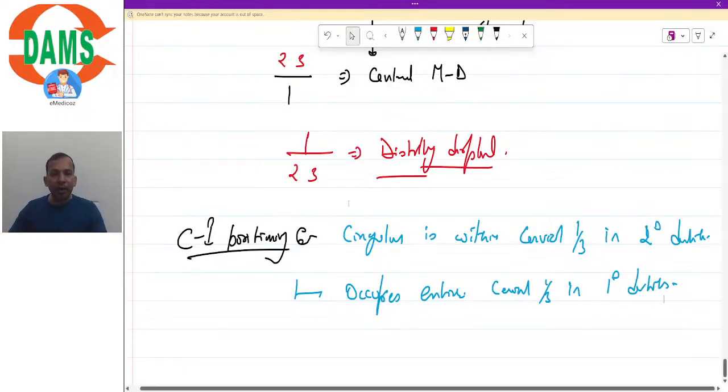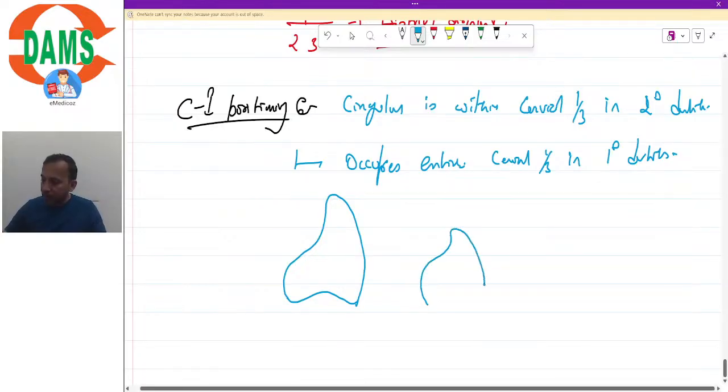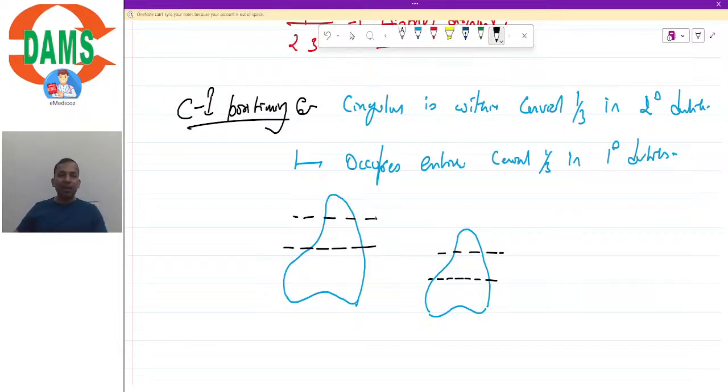So when you look at the primary and permanent side by side, what you would notice is, this is the permanent and this is the primary. The cingulum occupies the entire cervical third, whereas in case of permanent, it is within the cervical third, right?